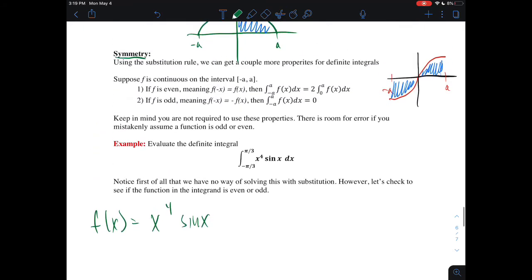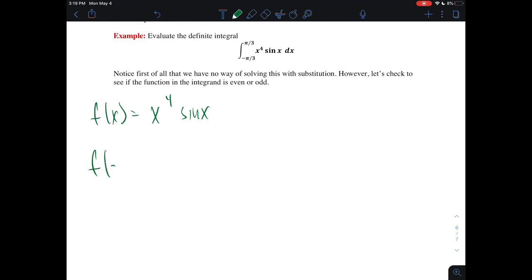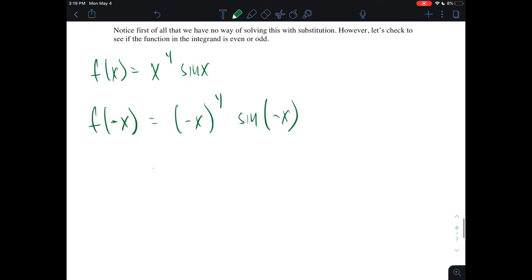And for seeing if it's even or odd, we just need to plug in negative x. F of negative x is negative x to the 4th, and then sine of negative x. Negative x to the 4th is positive x to the 4th, but sine is an odd function.